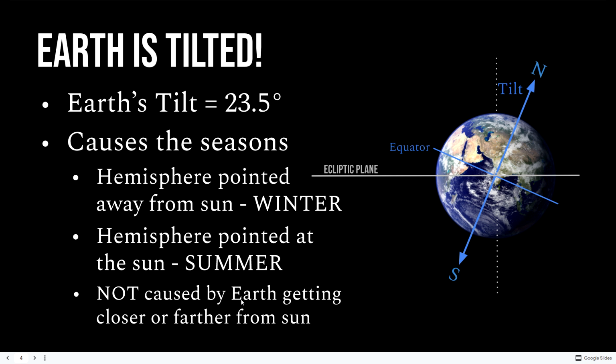So we talked about Earth being tilted on its axis. Normally, our North Pole you would think would be directly to the north, where this dotted line is, but our true north is actually a little bit off to the right of that 90-degree line. So we are tilted 23.5 degrees.